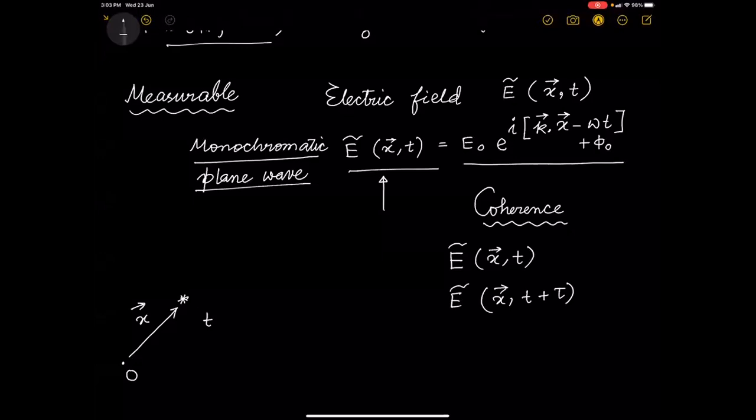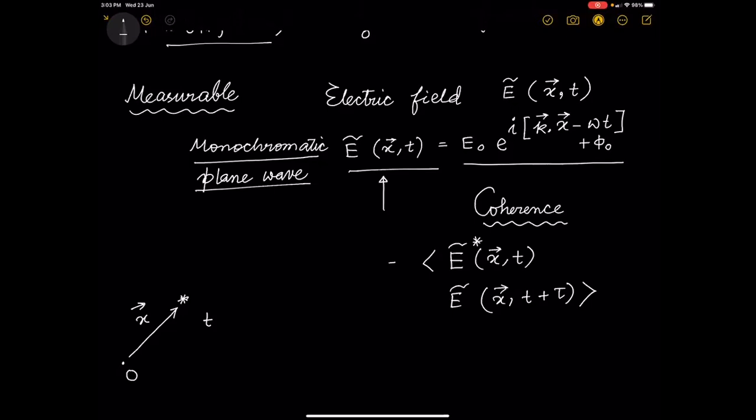Now, if I calculate the 2-point correlation function of these two, I am measuring at the same position. So position has not changed between these two, but I have changed the time. I have measured at two different times.